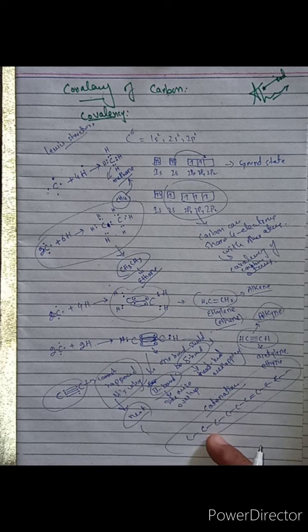In organic chemistry, I think only carbon can make catenation. Other atoms cannot show the catenation property. So this is the property of carbon, catenation.